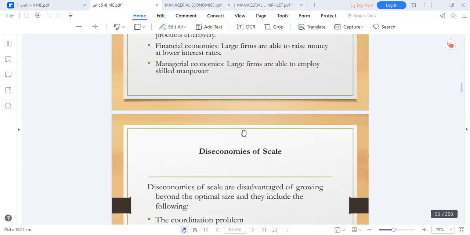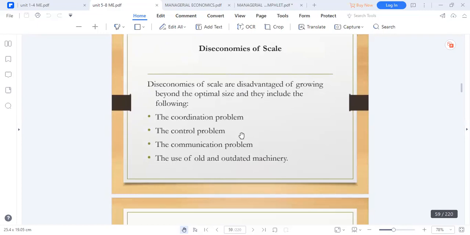Thank you. Then we also have what we call diseconomies of scale.